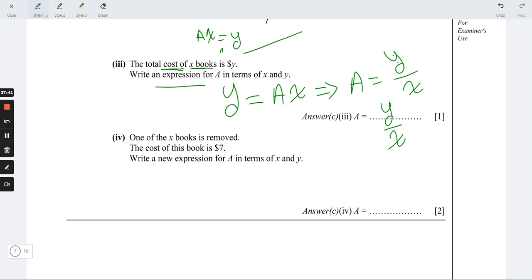Write a new expression for A in terms of X and Y. Same idea: you are removing from Y and removing from X. Y represents the total cost, so Y minus 7, divided by X minus 1, since you are removing one book. So A equals Y minus 7 over X minus 1. From the total cost, you take out $7.